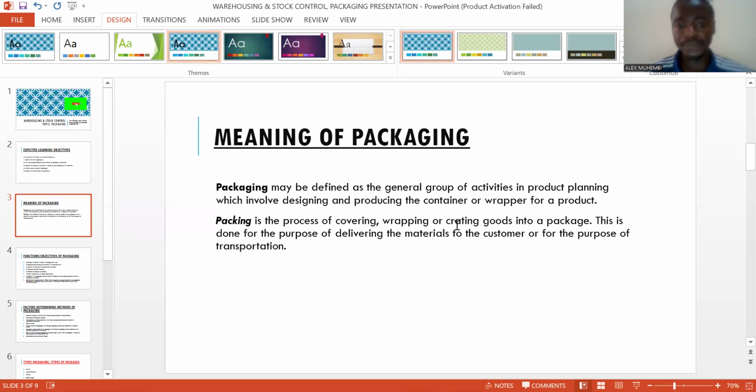This is done for the purpose of delivering the materials to the customer or for transportation, making it convenient to transport the materials from one place to another. That is the meaning of packaging.